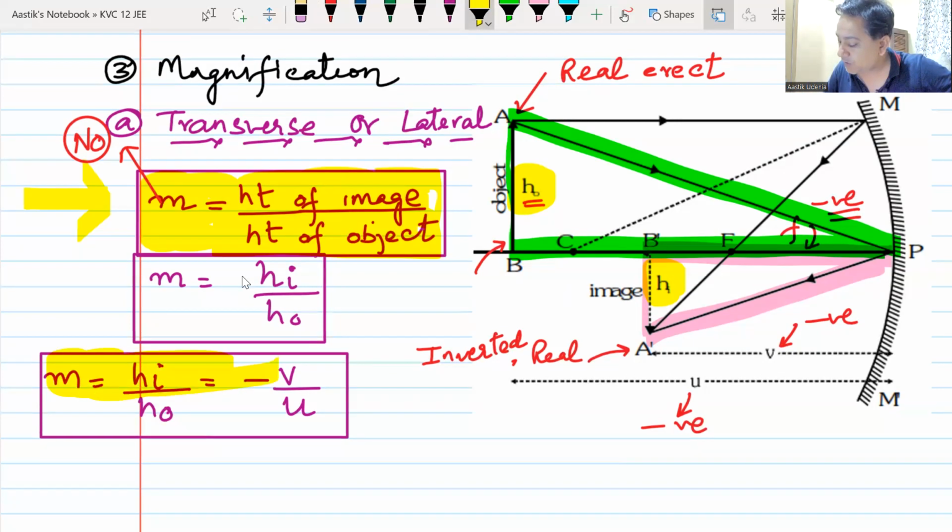This is the formula for the magnification created by a concave or convex mirror. The formula we have derived is for a concave mirror, but it is valid for convex mirrors as well.